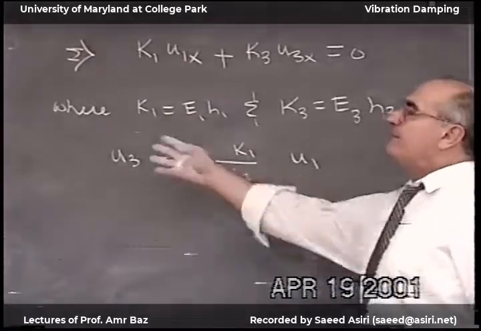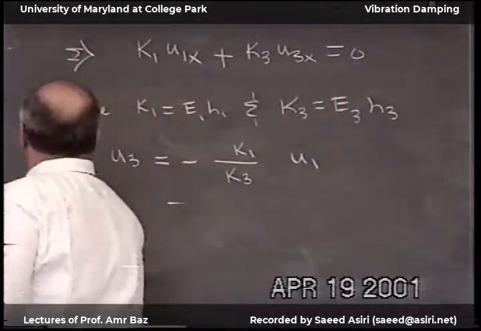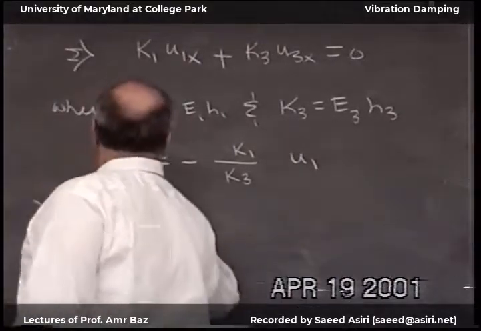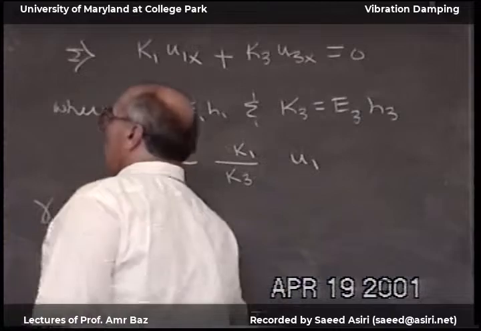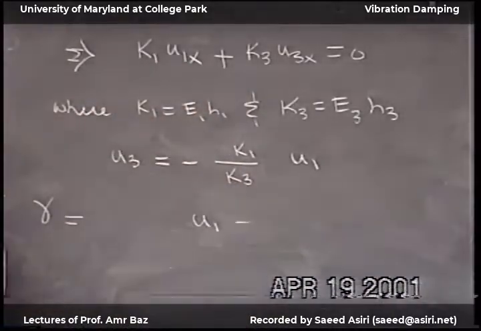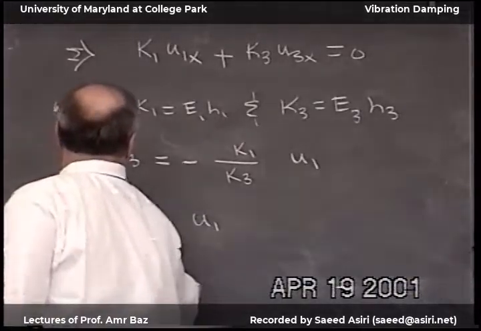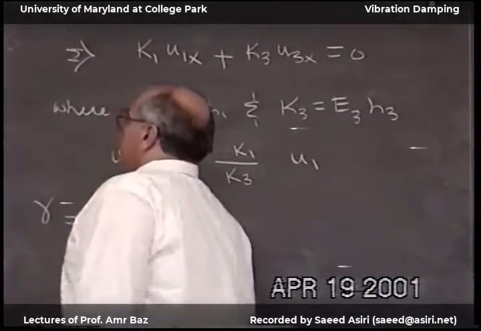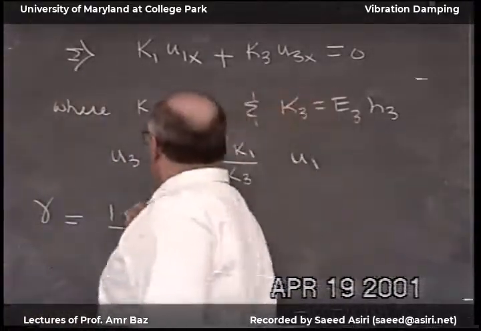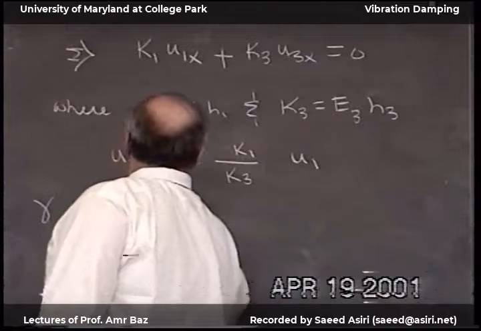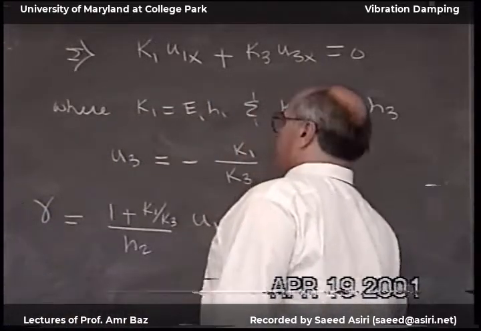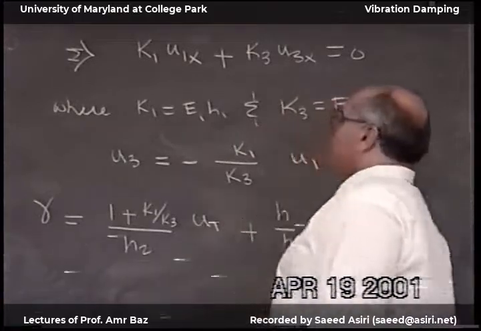So now I can take this and plug it in this equation. Then we have gamma will equal to U1. So I have 1 here. And then I have minus and minus, so it becomes a plus, K1 over K3 plus H over H2 Wx.